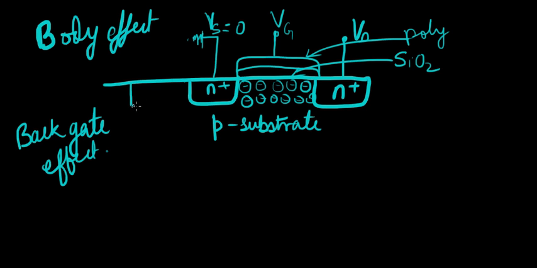It actually looks like this. It is another terminal altogether called the body, or the bulk, B-U-L-K, or the substrate. So even we have to consider the voltage that the bulk has.